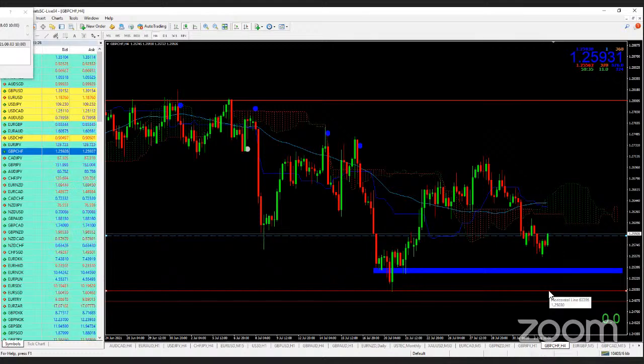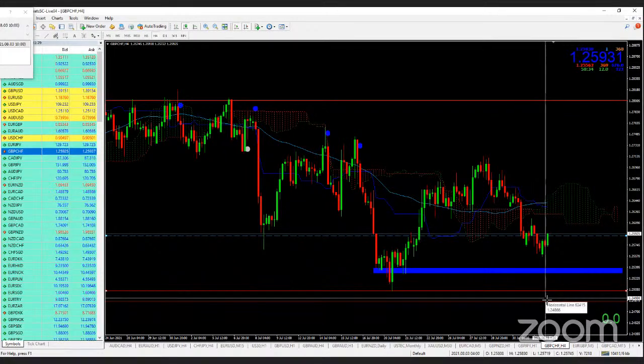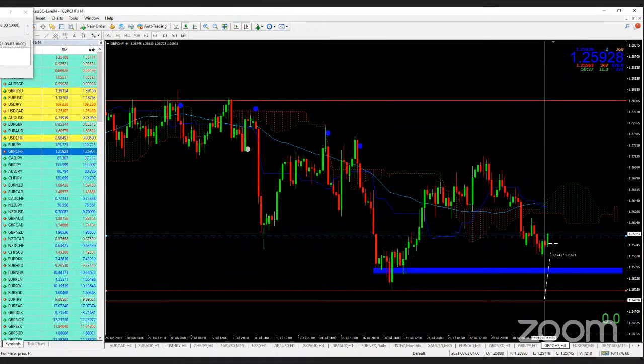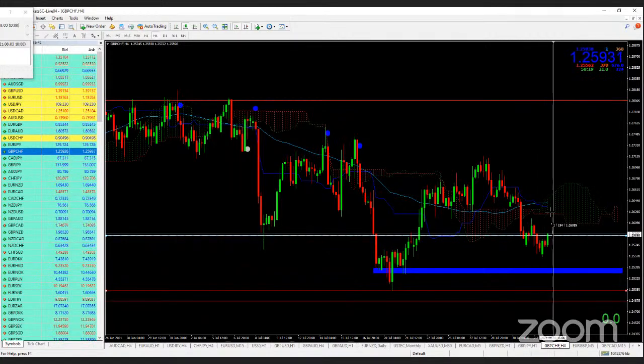So what I'm trying to show you is, even if we were to use a 100 pip stop loss, that's not what I'm using though, from here to there, about 100 or so, that'd be a 100 stop loss, and targeting there, that's 200 pips.